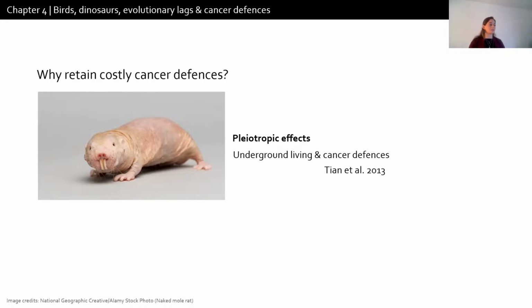So assume that for some reason naked mole-rats don't need that much cancer suppression anymore, unless they find another innovation that allows them to continue underground living without losing this phenotype. It might mean that they might not lose this molecule. And if birds also, for instance, have these dinosaurian cancer defenses co-opted for another ecological function, as long as this ecological function is there, they might not lose these cancer defenses.